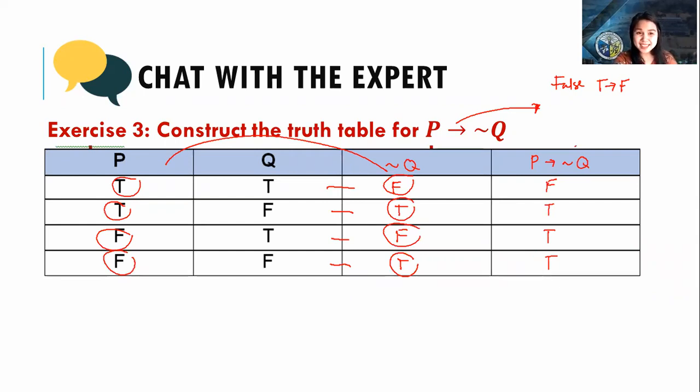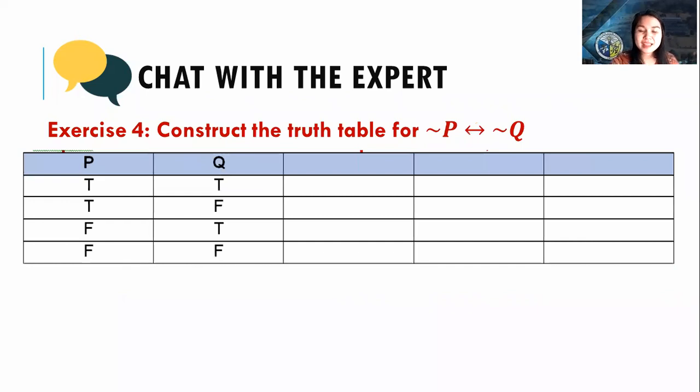I'll go to exercise number 4. Now we construct the truth table for not P biconditional not Q. So make a not Q here. The last one is P biconditional not Q. The easiest is the negation.